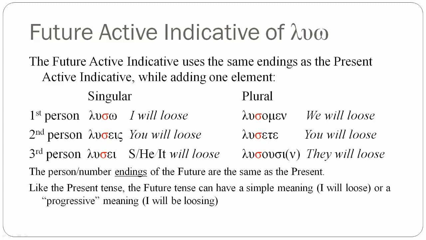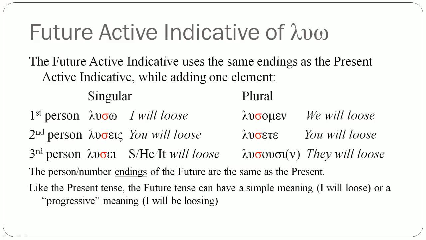So you're left with luso in the first person singular, which means now I will loose. Just the presence of that sigma means that, yeah, you have a future indicative verb here. Okay, you can think of the sigma as being the English helping verb will.